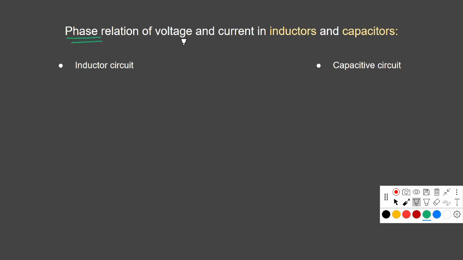So I was talking about the phase difference. Let us see the relationship between voltage and current in the case of an inductor and capacitors in AC systems. Suppose we have an inductor connected to an AC supply voltage. Let the voltage across the inductor be VL and the current in the circuit be IL.